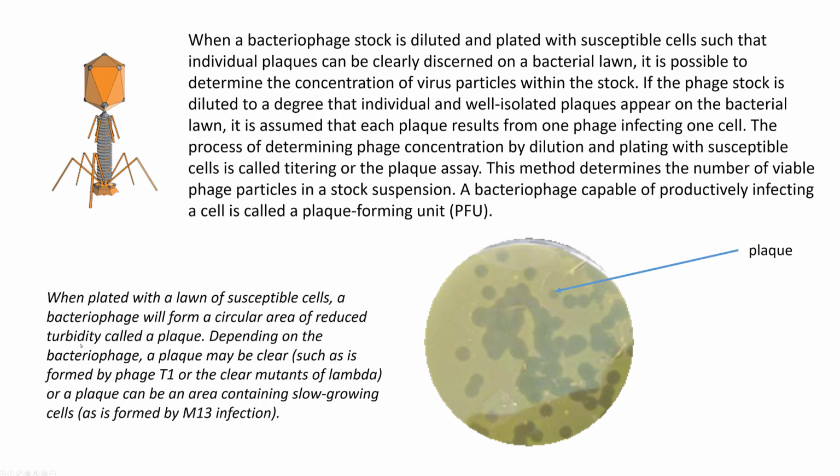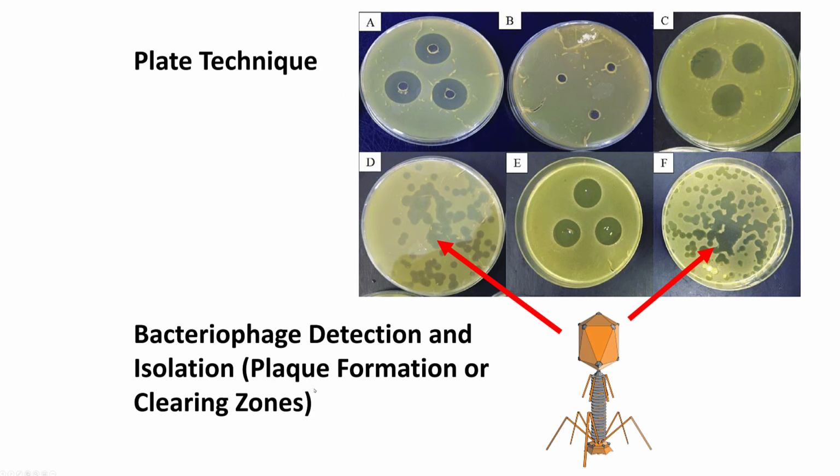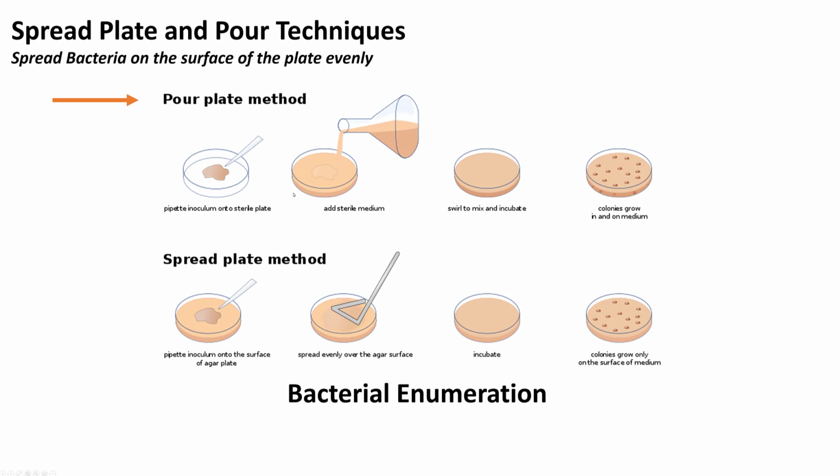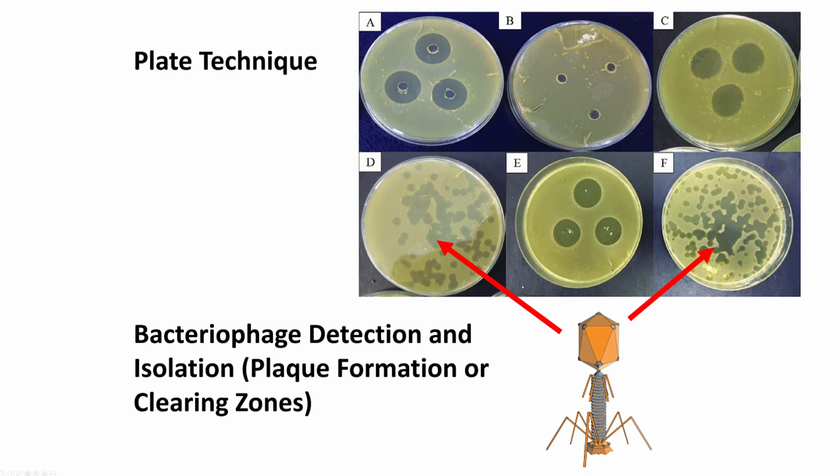Now we can do a similar technique while we're on this. Let me go back, we would use the pour plate method. I just wanted to show you what we'd use this method for, and that's to quantify certain bacteriophages. These are viruses that affect bacteria, and they produce something called plaques. In other words, the bacteria are infected with the viruses, they grow, and so many of the viruses are produced inside that it lyses the cell, they explode.